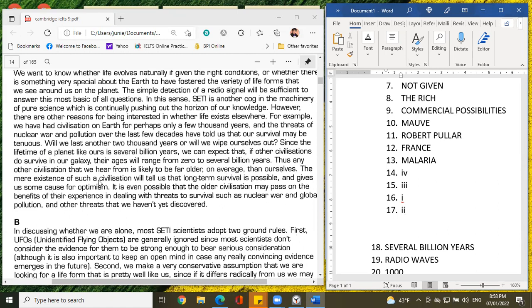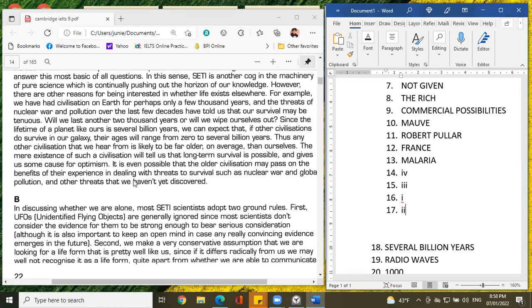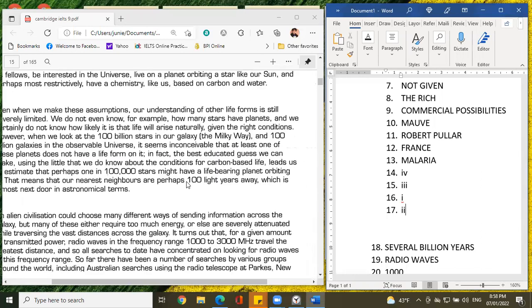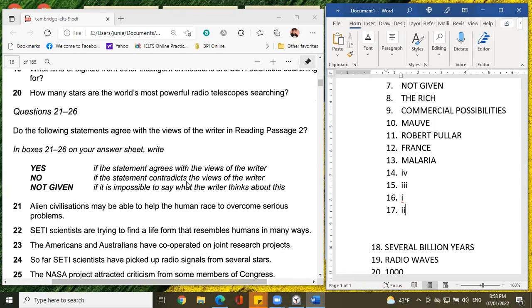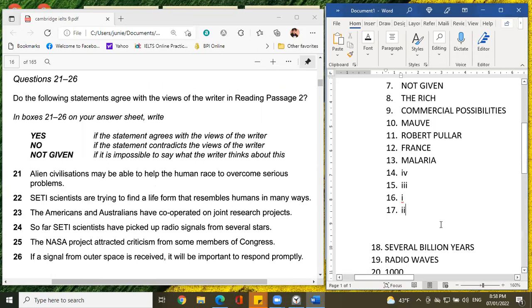It tells us that long-term survival is possible and gives some cause for optimism. It's possible that they may pass on the benefits of their experience in dealing with threats to survival, such as nuclear war and global pollution. So, yes, the answer is yes.